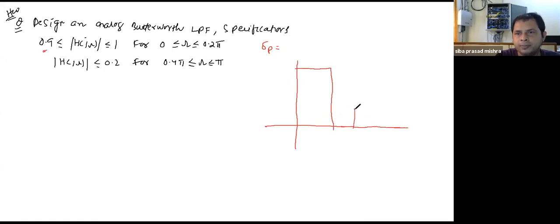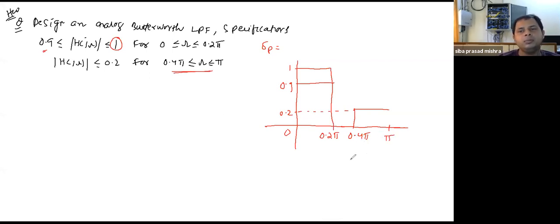Here is 0, this is 0.2 pi, 0.4 pi. The maximum value is 1, as given. This is 0.9, and this is 0.2, or in the range 0.4 pi to pi. Now it is clear. So del P is 0.9.